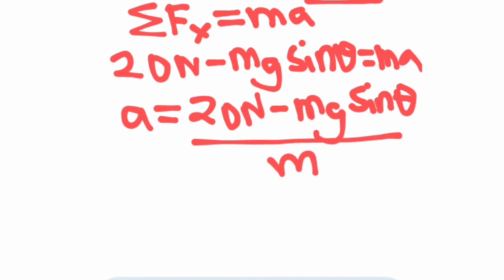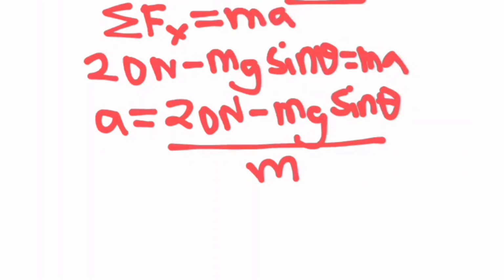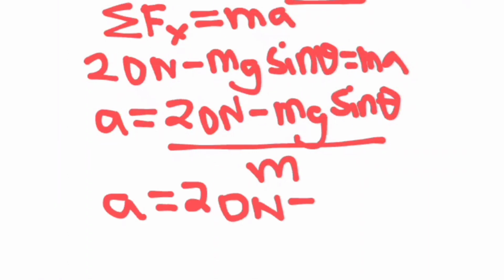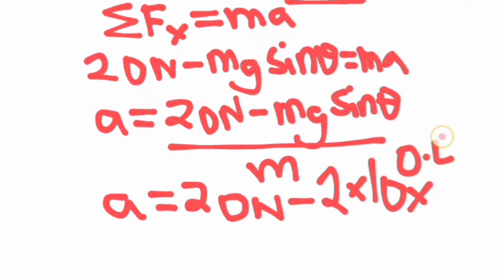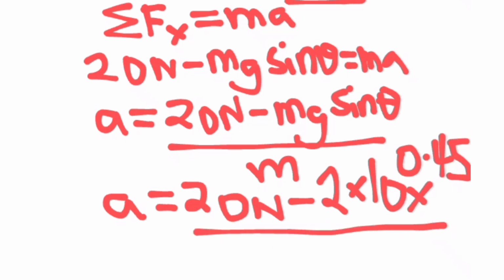All right, so acceleration will be this, right? We just need to put the numbers and we can get the answer. So the acceleration is equal to 20 Newton minus the mass, 2 kilograms, times gravity 10, times sine 27 degrees, which is 0.45, divided by the mass, 2 kilograms.